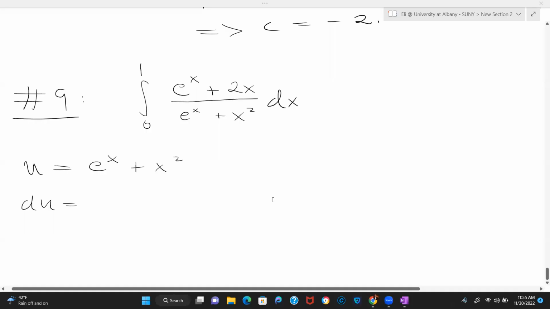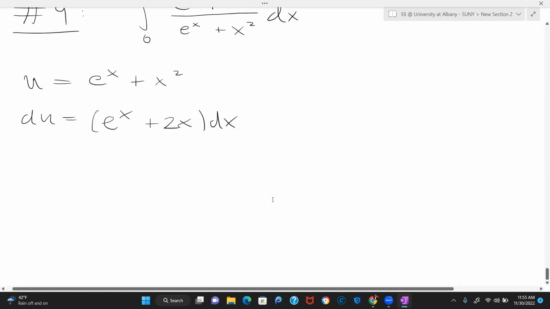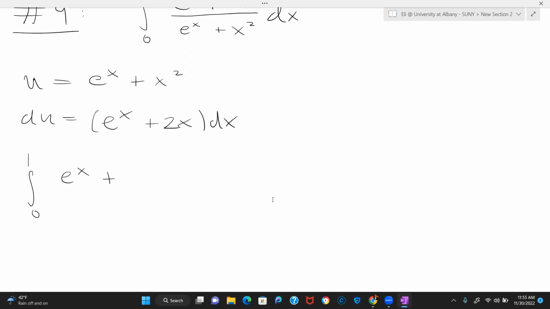All right. So we have this definite integral. We want to compute it using u sub. So we have u is equal to this. So then du is going to be e to the x, 2x dx. And when you do this substitution, you'll get the following. I'm just writing the original integral first.